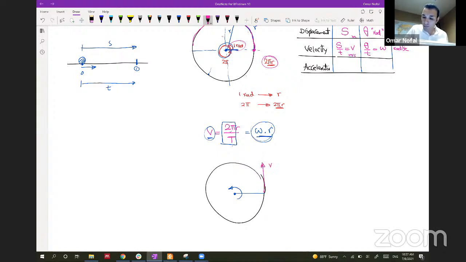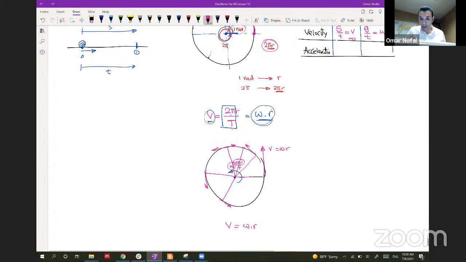This velocity will be equal to omega, because this is 2 pi over t, multiplied by r. So it gives you the circumference of the circle, omega by r. And it keeps changing in direction. It was here and here. At each point, the v will be something like this, perpendicular to the r direction. And this rule, v equals omega by r, only gives you a magnitude, it doesn't give you a direction.